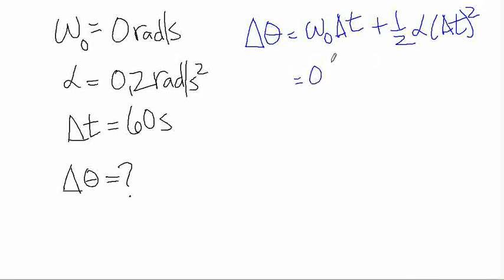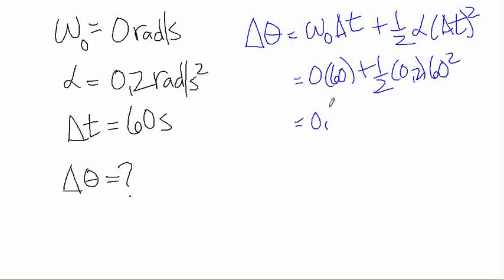All right, so 0 times 60 plus 1/2 times 0.2 times 60 squared, that gives 0.1 times 3,600, or 360 radians.